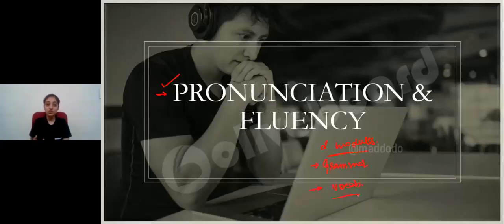Pronunciation is how you speak the words or what sounds you make, and fluency is how comfortable you are with the language. Apart from these two elements, grammar and vocabulary are also very important, right? How correctly you use your words and what kind of words you use is what is covered in the other two modules.